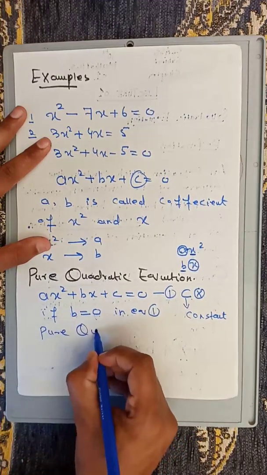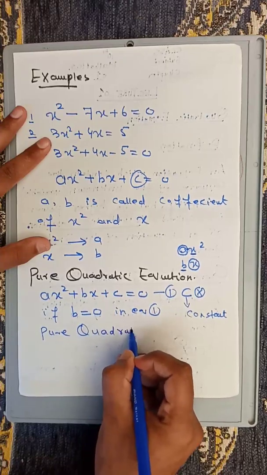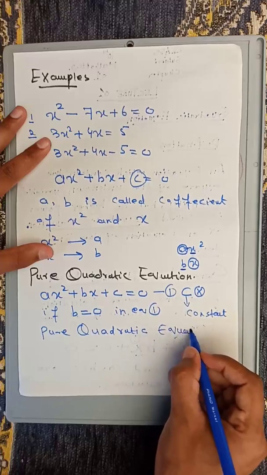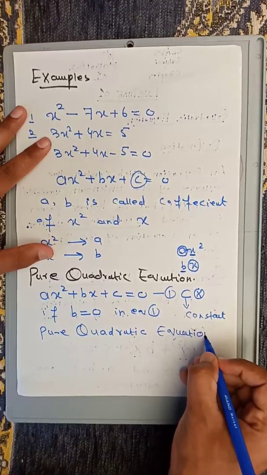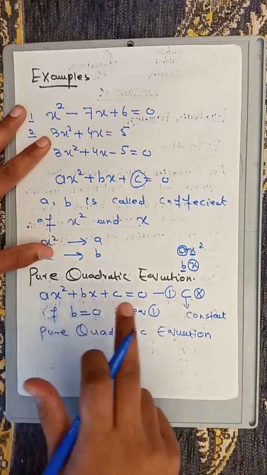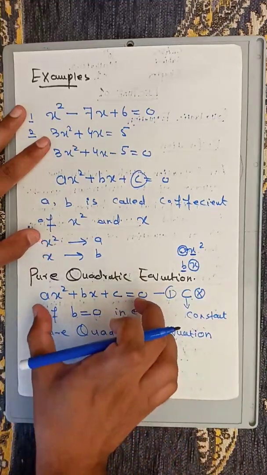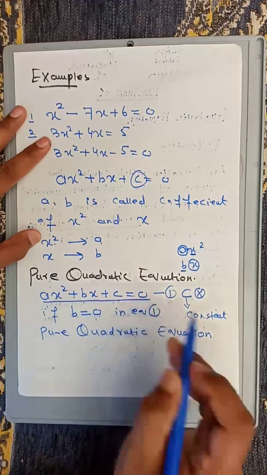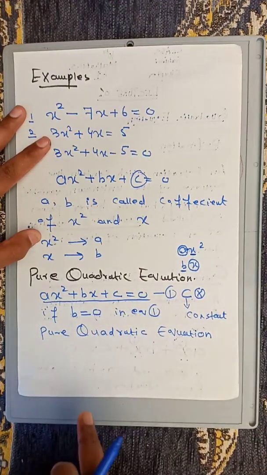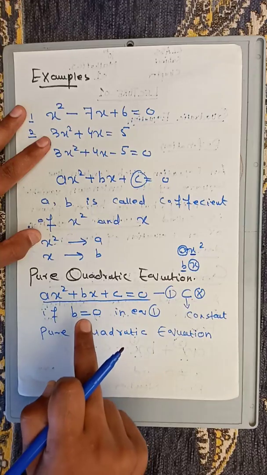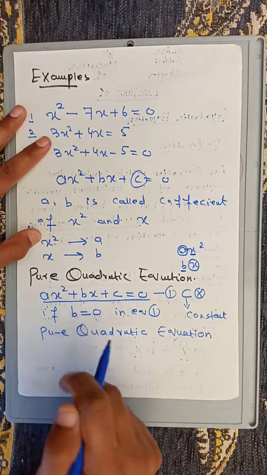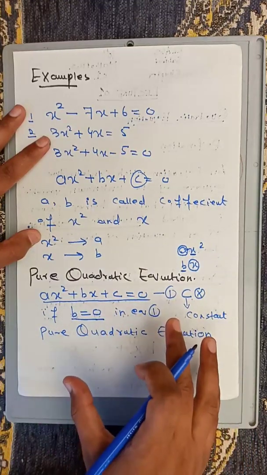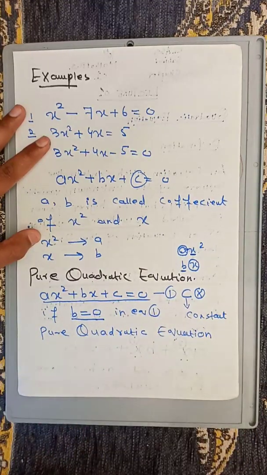What is a pure quadratic equation? If we have the general expression, or standard notation, of the quadratic equation, and the coefficient of x becomes 0, for example b is equal to 0, such an equation is called a pure quadratic equation.